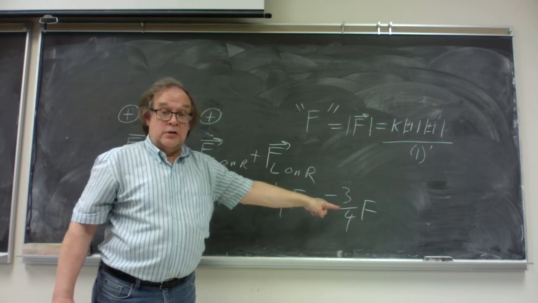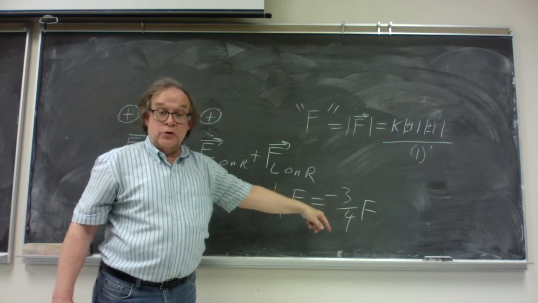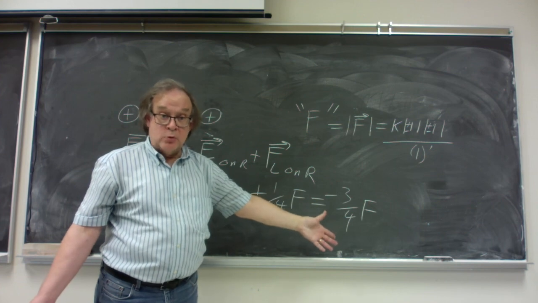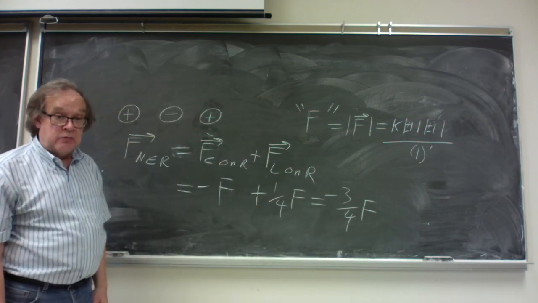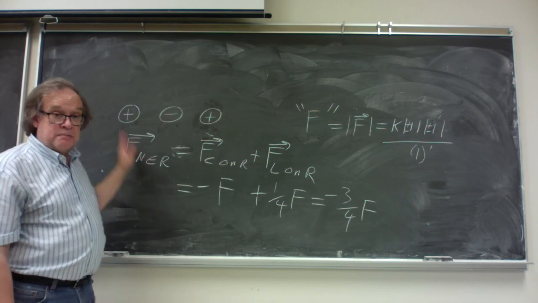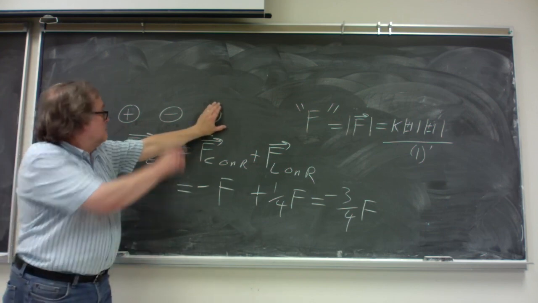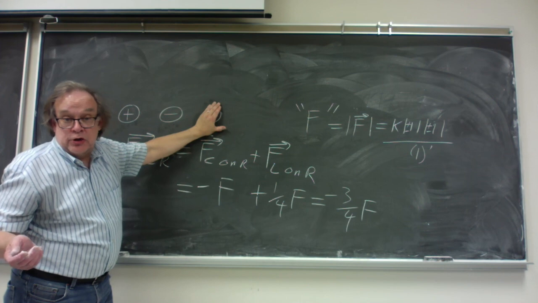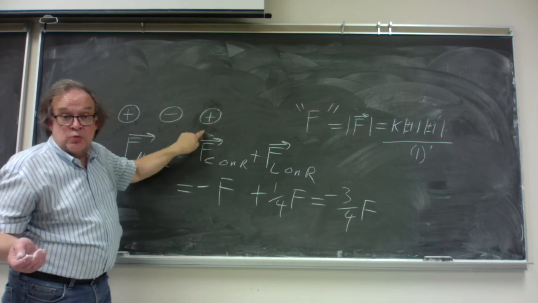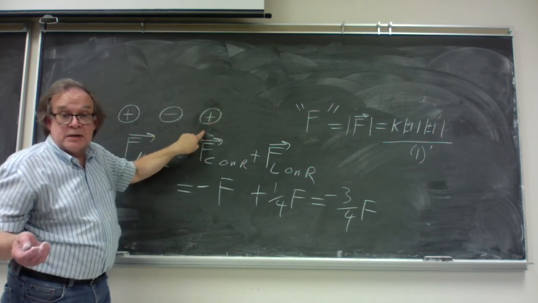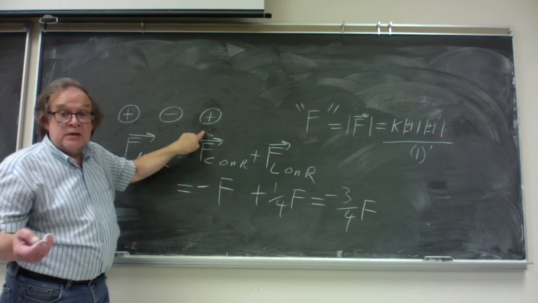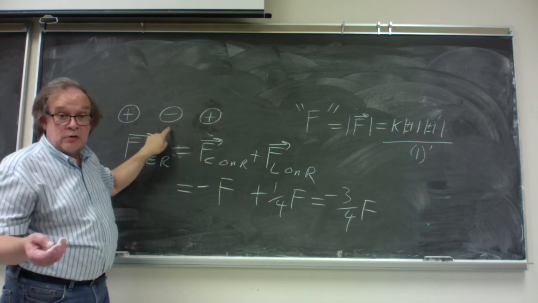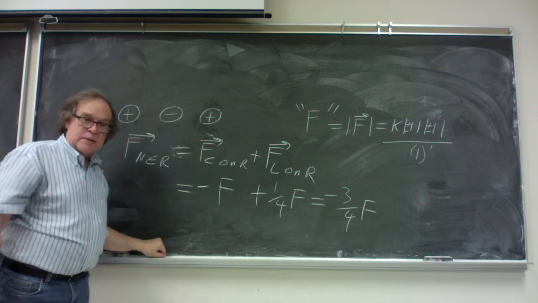A force of just plain minus F is the net force on this one if the center charge were the only charge. But now with this one, in addition, it counteracts and cancels out some, but not all, of the force that came from this one. All right, now you can try some.